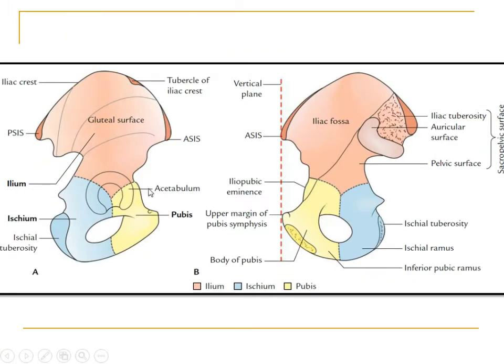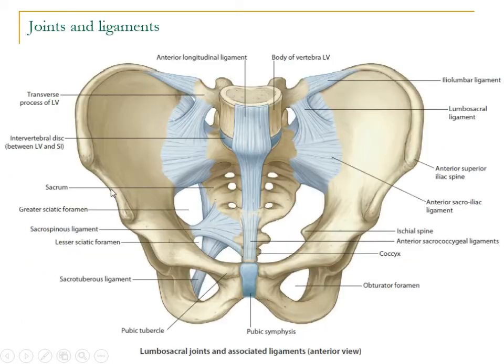We can see the hip bone consists of three bones, the ilium, the ischium and pubis, and these are ossified in the adult stage, making a Y-shaped ossification line.